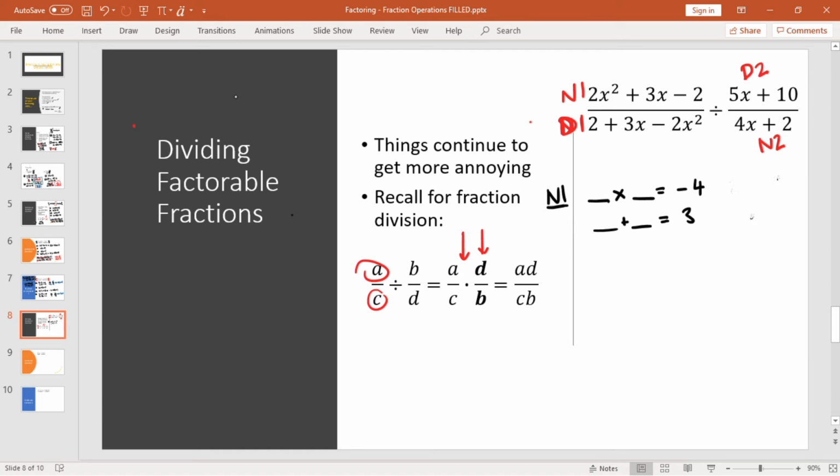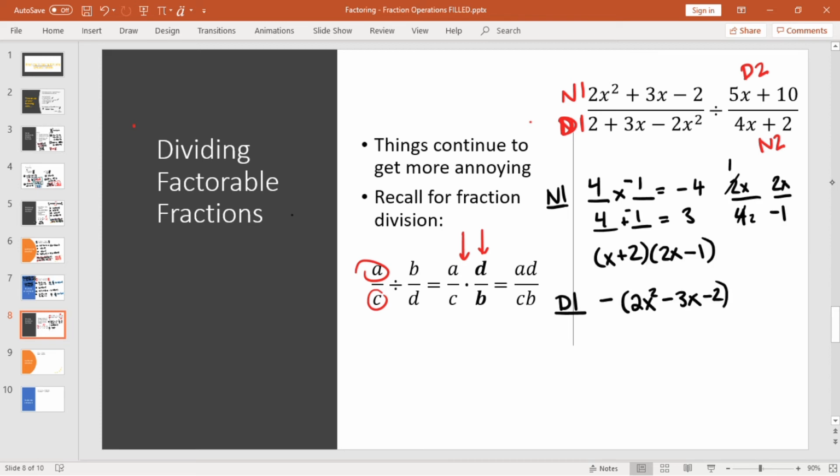So a little messy here, but for numerator 1, I'm going to get x plus 2 onto 2x minus 1. Okay, denominator 1, I'm going to take out a negative because I see the x squared term is negative, and I'm going to flip it around. So I'm going to have 2x squared minus 3x minus 2. And that's what I'm going to factor the same way.